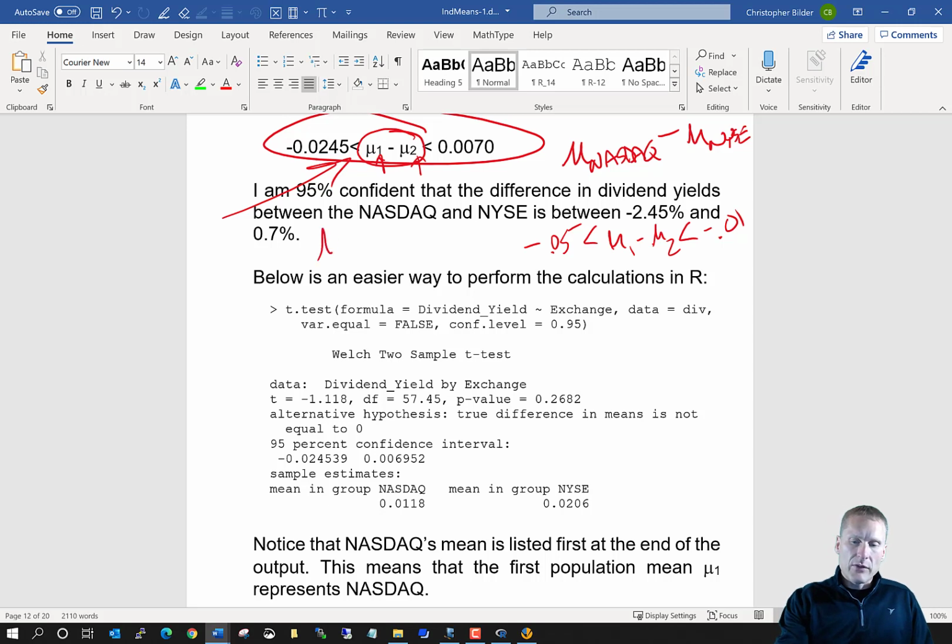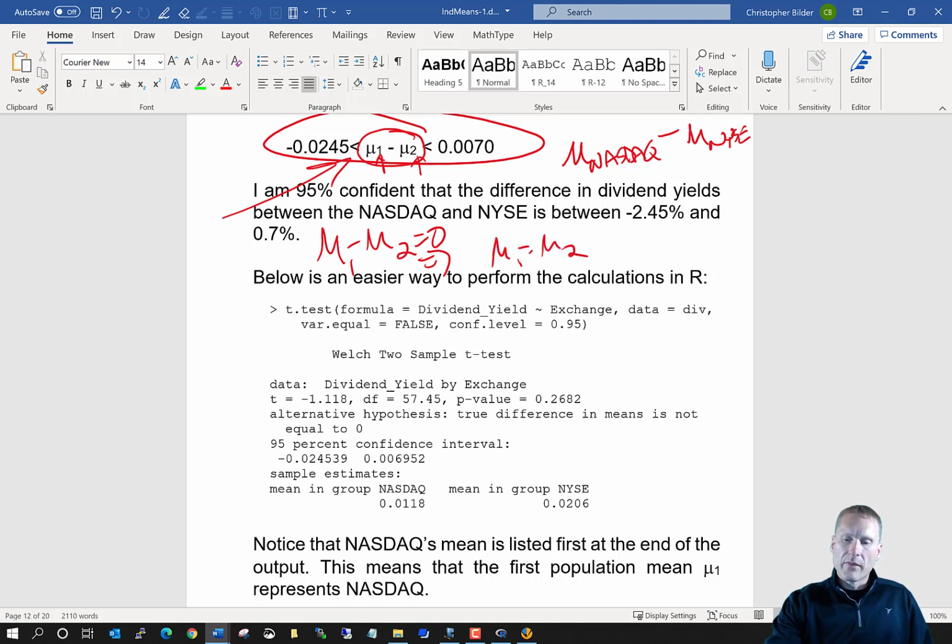The reason that is important is that if mu1 minus mu2 is equal to 0, this would mean that mu1 is equal to mu2. Since 0 is in that interval, they could indeed be equal. So we cannot say that one is larger than the other in terms of these mean dividend yields.